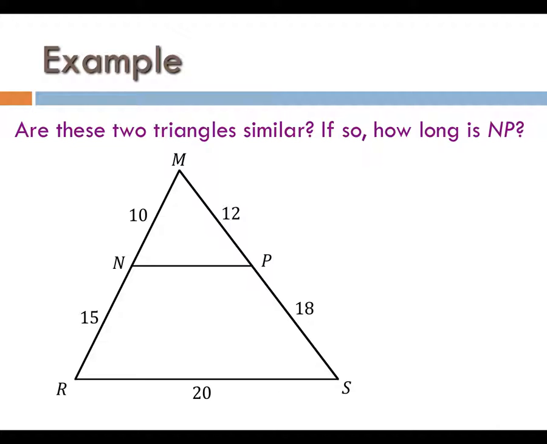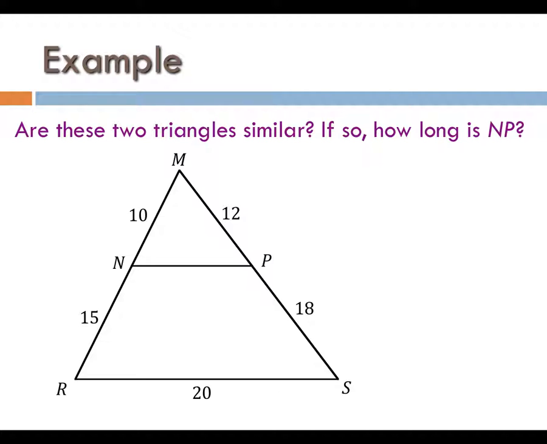Yes, they are. Tom, can I answer the question? I say yes, they are similar because of the angle-angle similarity theorem. Okay, so what angles are congruent then? Angle RMS and NMP, because they're the same angle.